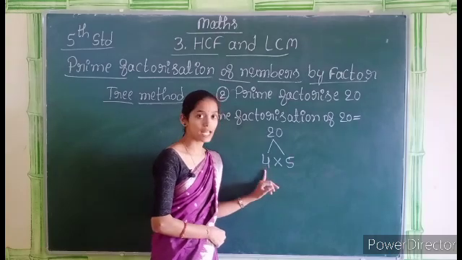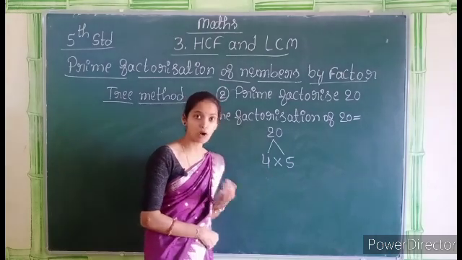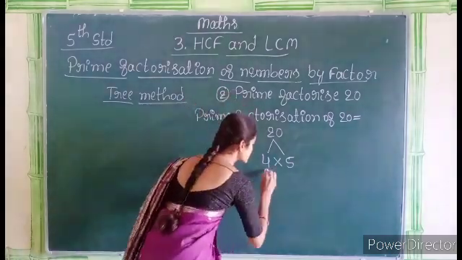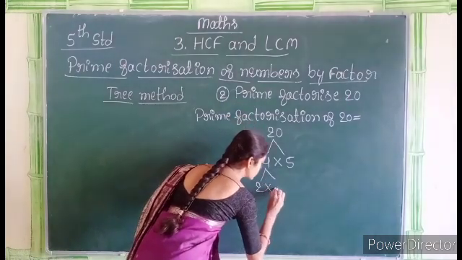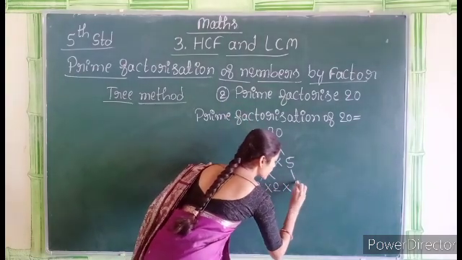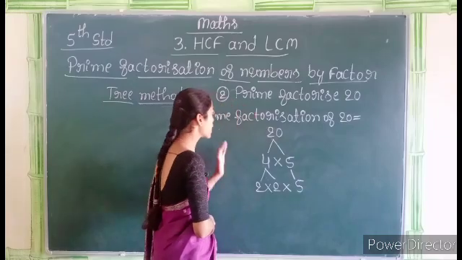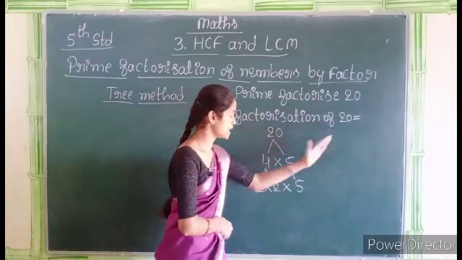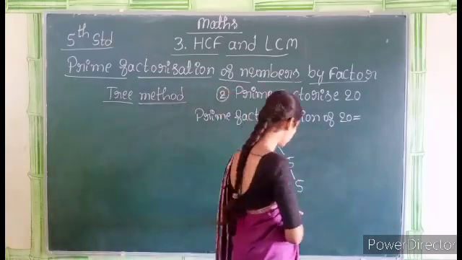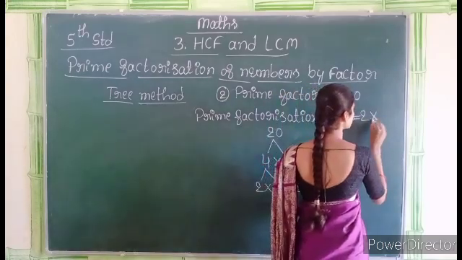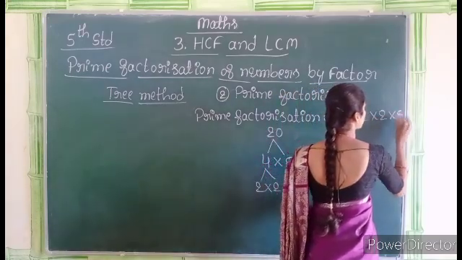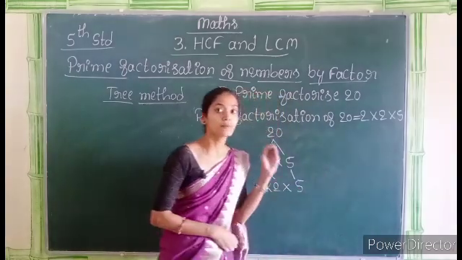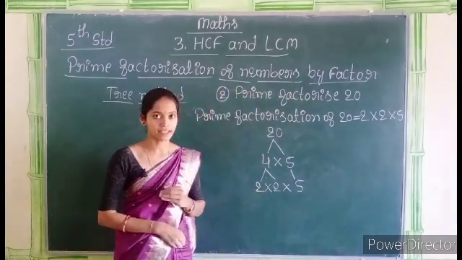Okay, this 4 can be split into a pair of factors. Okay, that is 2 into 2, then again 5 as it is. Prime factorization of 20 is 2 into 2 into 5. We can find out the prime factorization like this.